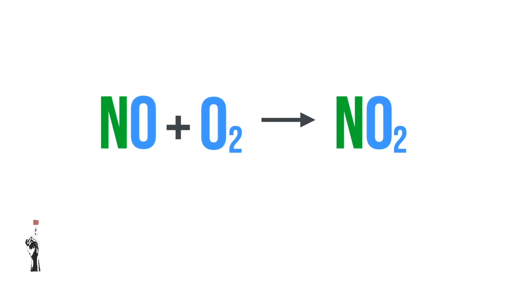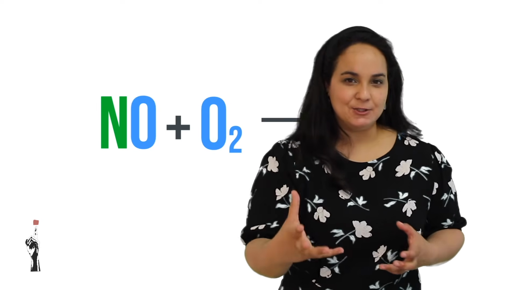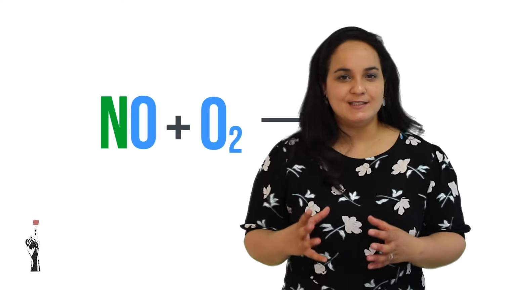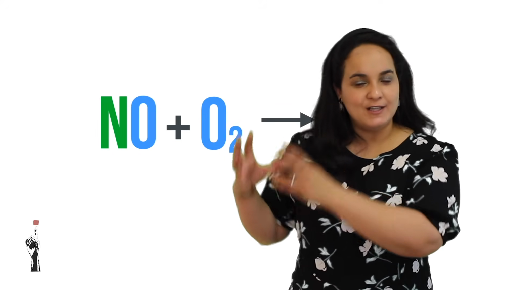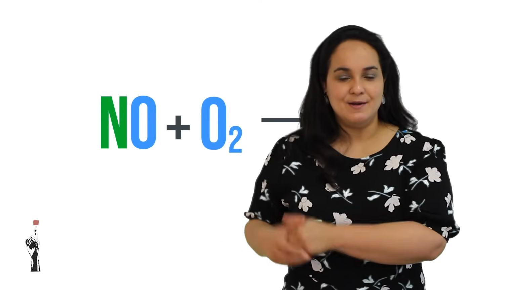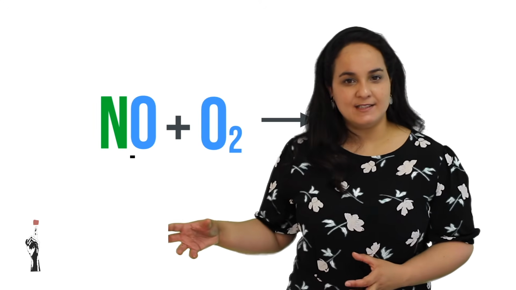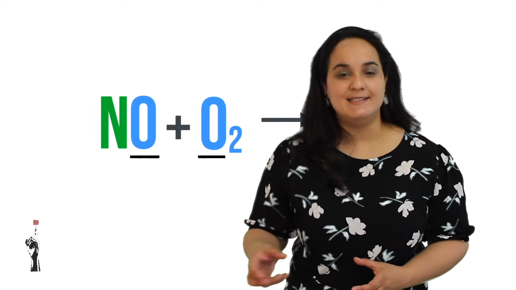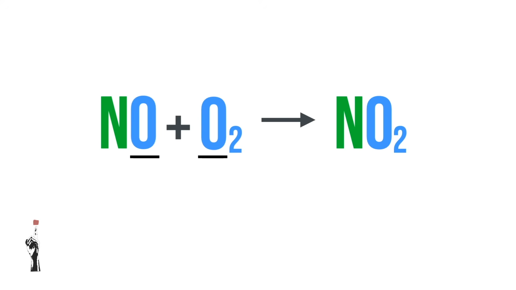And this is a tricky equation, so please follow with me. What makes this one special is that previously oxygen was the only oxygen-containing compound or element on my left-hand side. But now, both nitric oxide as well as oxygen contain oxygen atoms.